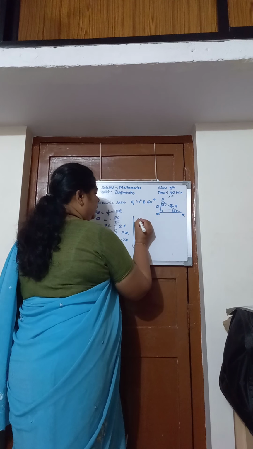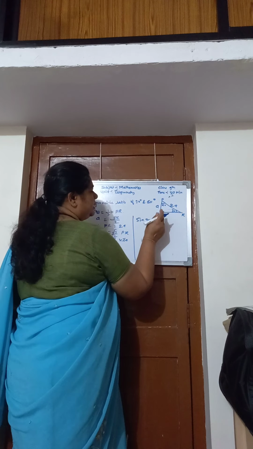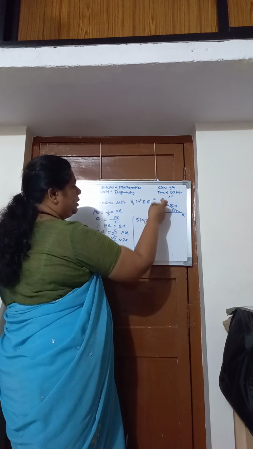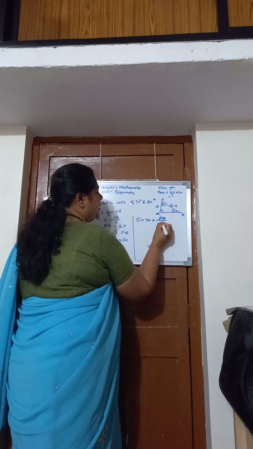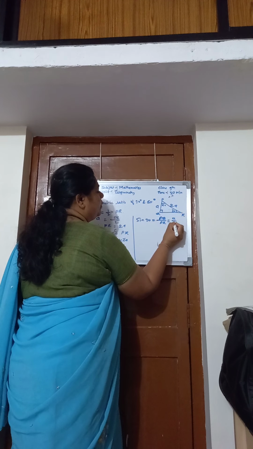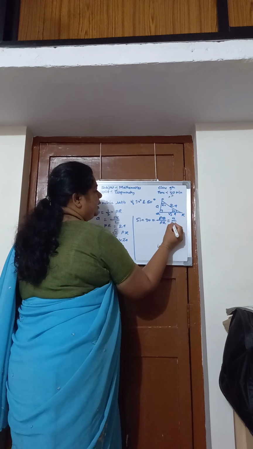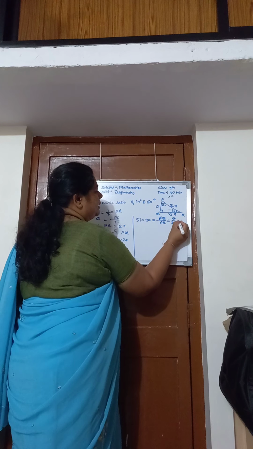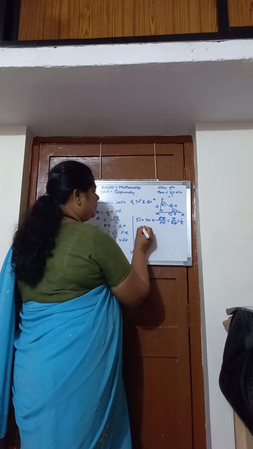Therefore, sine 30 equals PQ upon PR. PQ equals A, QR is root 3A, and PR is 2A. A gets cancelled, so 1 by 2. We have calculated sine 30 equal to 1 by 2.